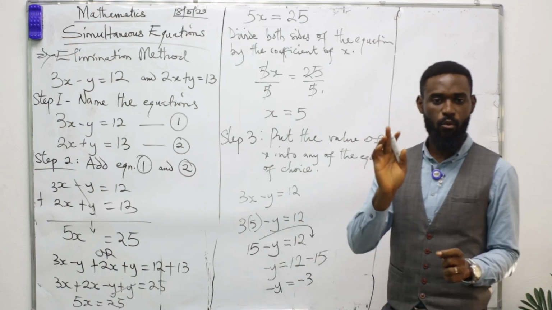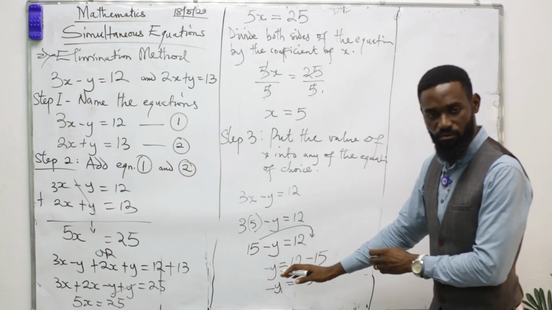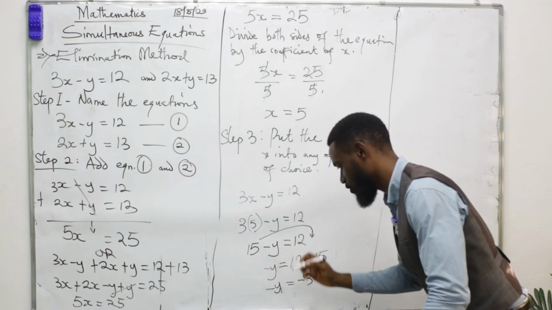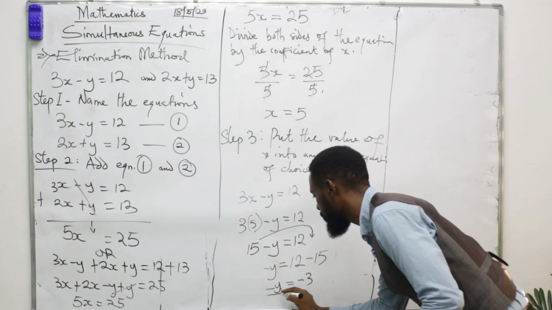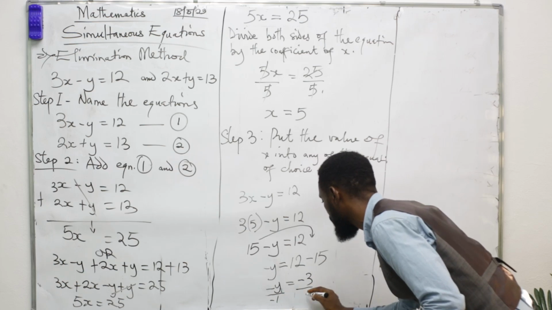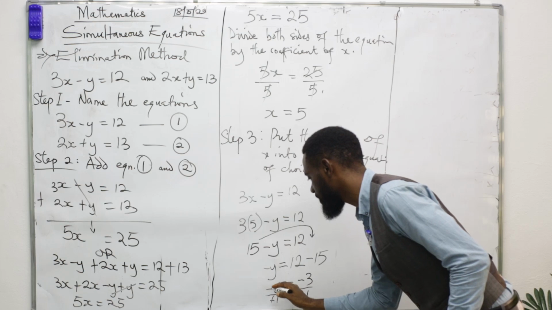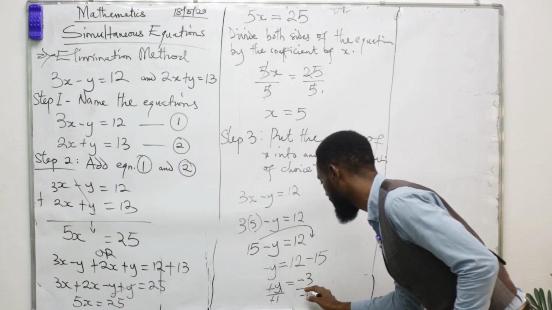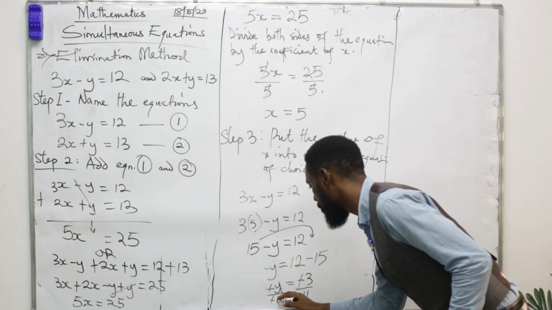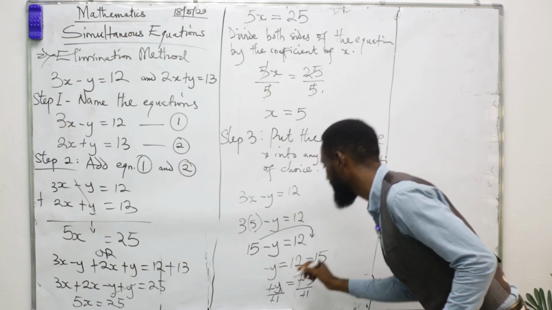Minus y is different from y. Minus y is not the original value of y. So divide both sides by the coefficient, which is minus 1. So here over minus 1 and here over minus 1. I hope you got that. So this cancels this, minus cancels minus. 1y divided by 1 is still y.